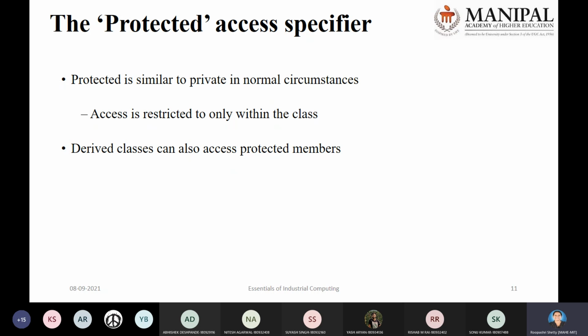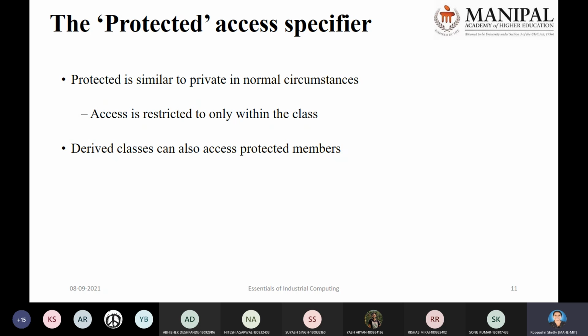They are not accessible anywhere outside the class. But when any member variable or member function is public, they are accessible everywhere. Any class can access them, any class can use them. But when they are protected, in the absence of inheritance, they behave like private.